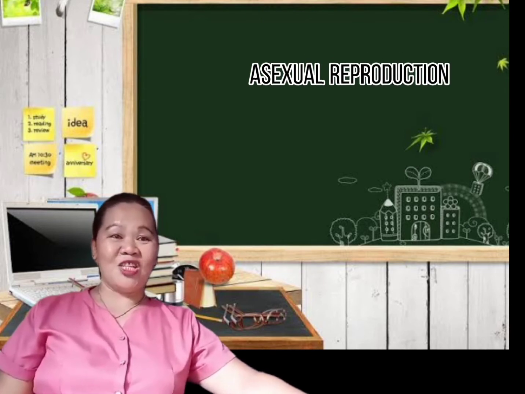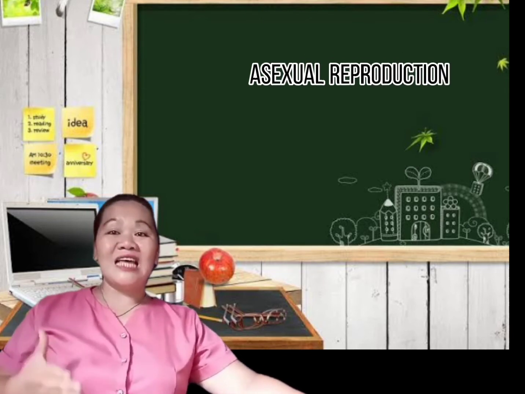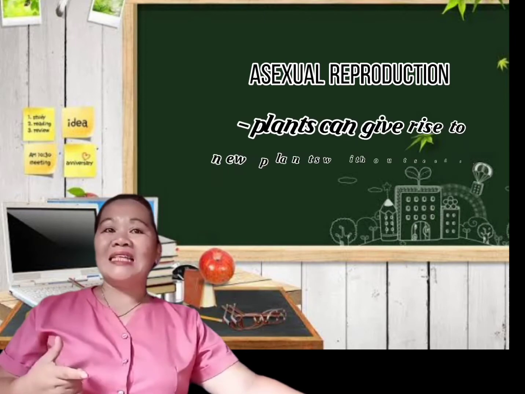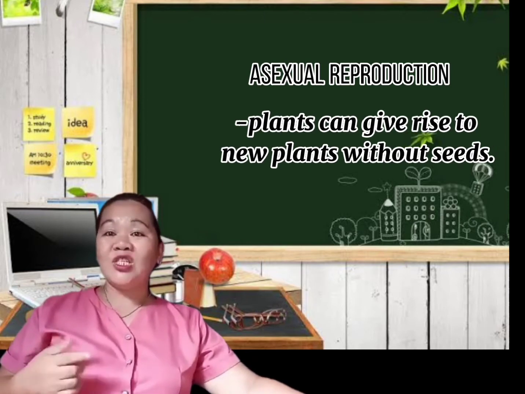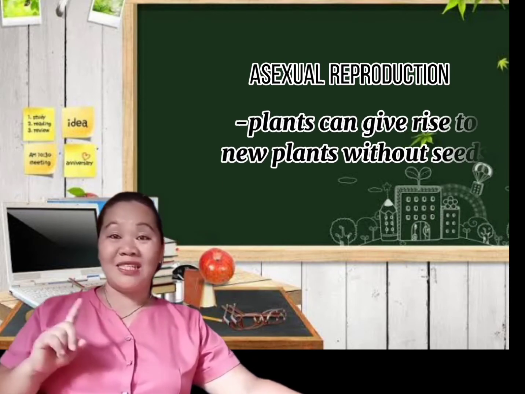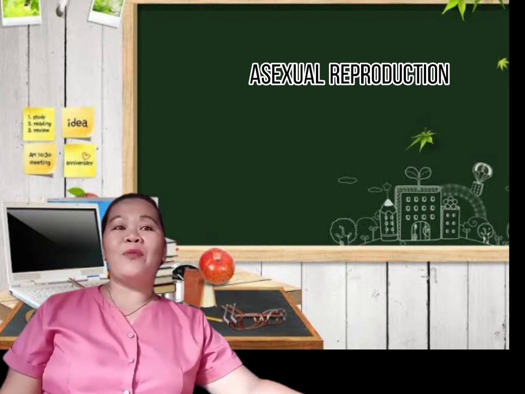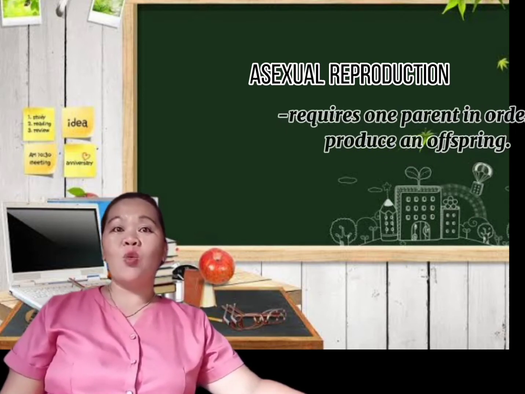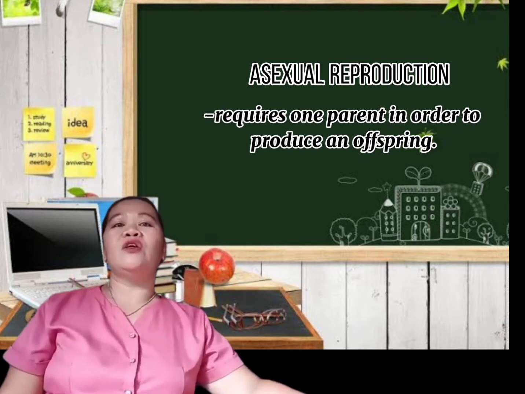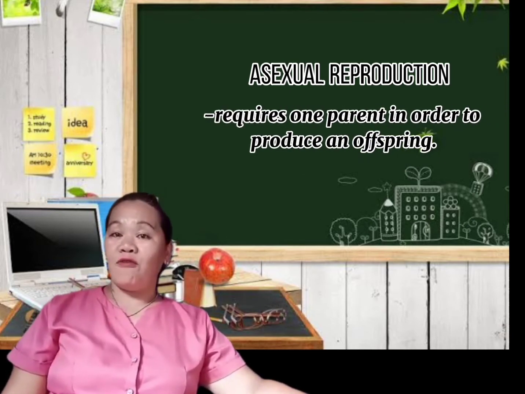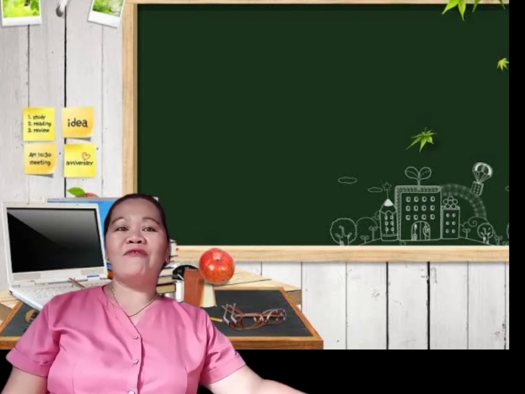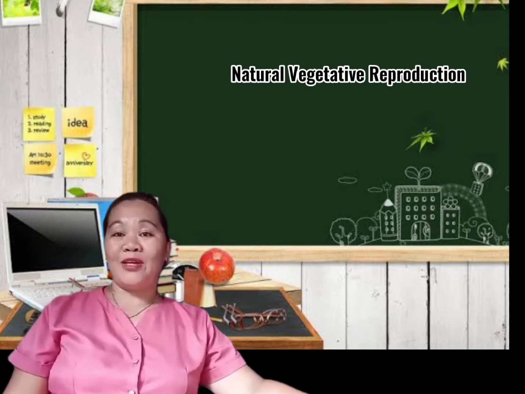Asexual reproduction. In asexual reproduction, plants can give rise to new plants without seeds. Asexual reproduction is a type of reproduction that requires one parent in order to produce an offspring. Now, we have natural vegetative reproduction.